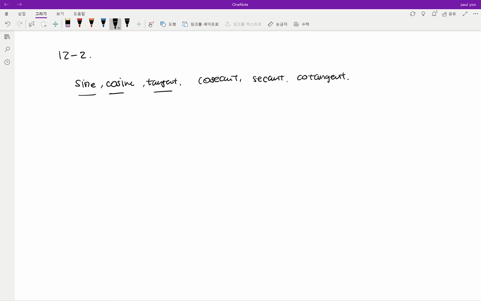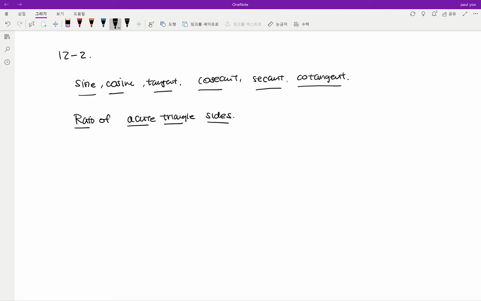These are the basic trigonometric functions, where they all represent the ratio of right triangle sides.